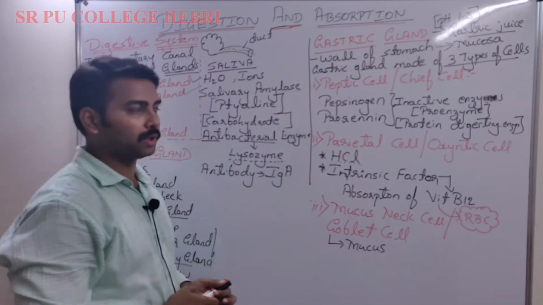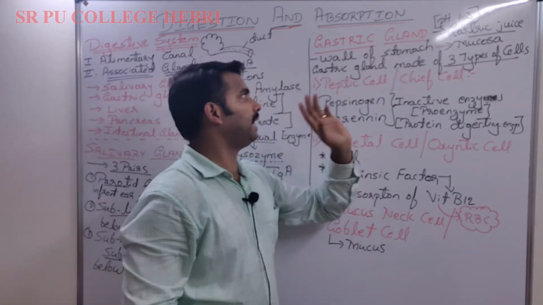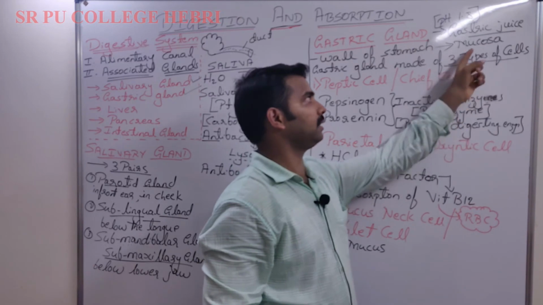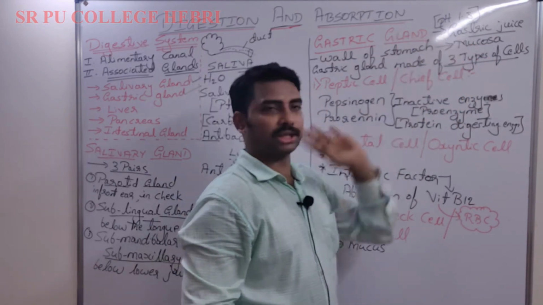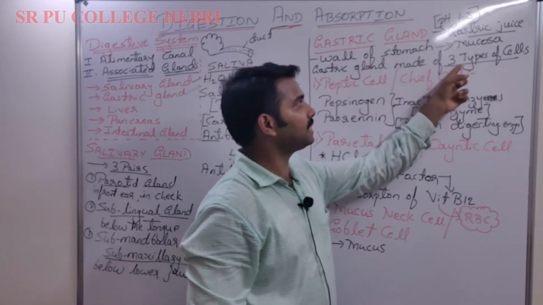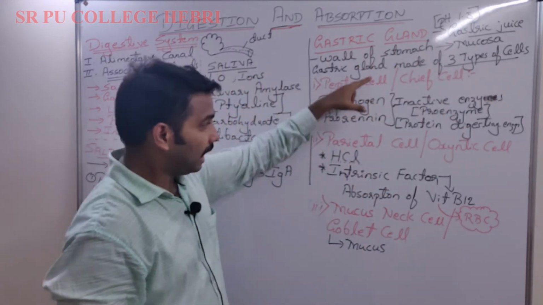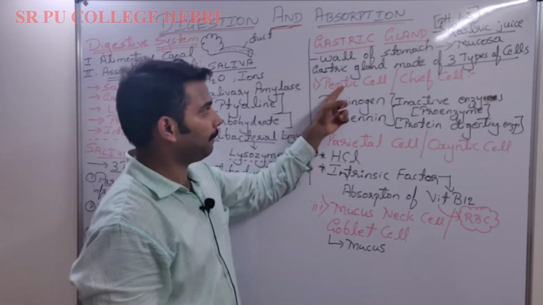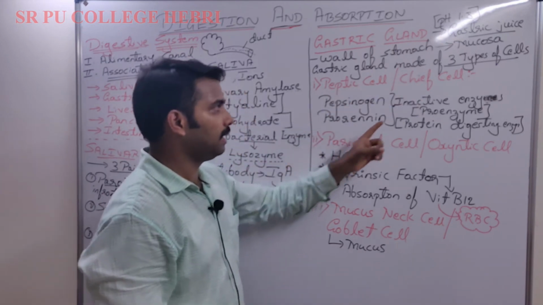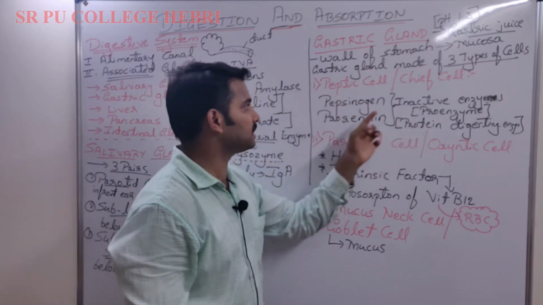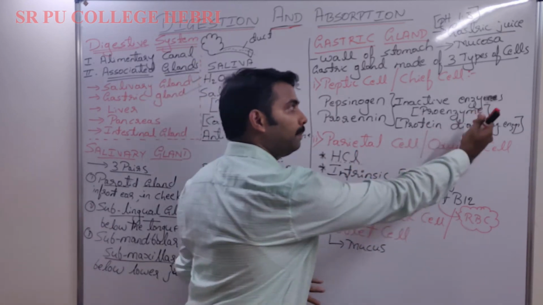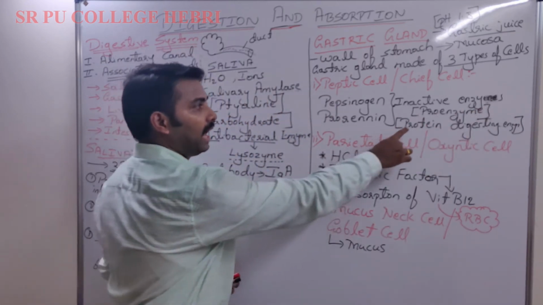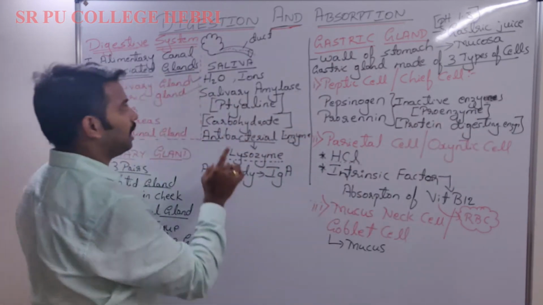Gastric juice. So I repeat, gastric gland present in the wall of the stomach, right? It is in the mucosa gland which produces a juice called gastric juice. Gastric gland is made up of 3 types of cell. A 3 mark question. Number 1, peptic cell or chief cell produces 2 inactive enzymes called pepsinogen and prorenin. Later they should be activated. They are protein digesting enzymes.